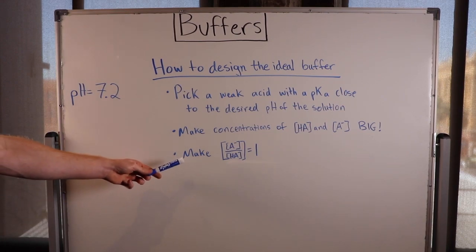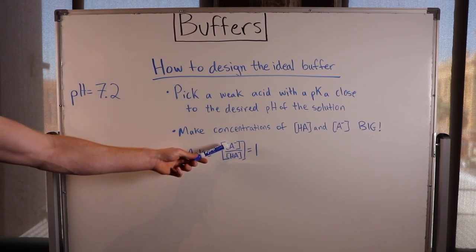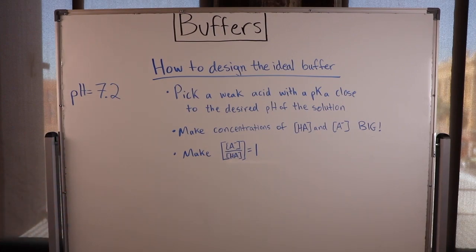And then thirdly, you want to make the ratio of the conjugate base to the weak acid equal to 1. This will make it so the solution is ideally buffered in both directions. In our examples, we used a strong base to add into a solution, but we could have just as easily used an example where a strong acid was added into a solution.